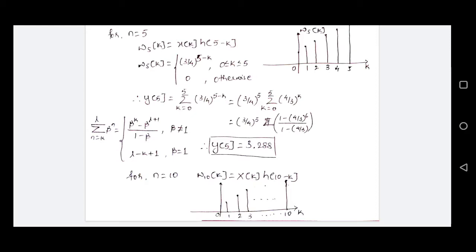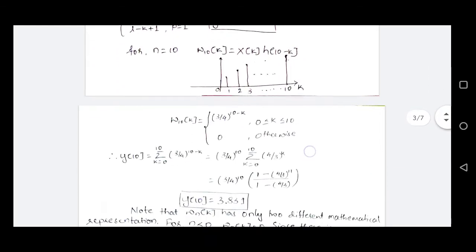And now for n equals 10, the intermediate signal's representation will be w10 of k equals x of k times h of 10 minus k. This time the overlap will be from 0 to 10, for 11 samples.